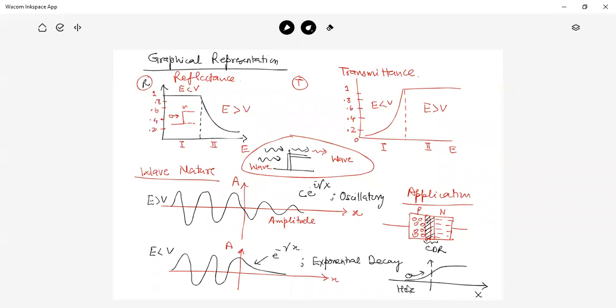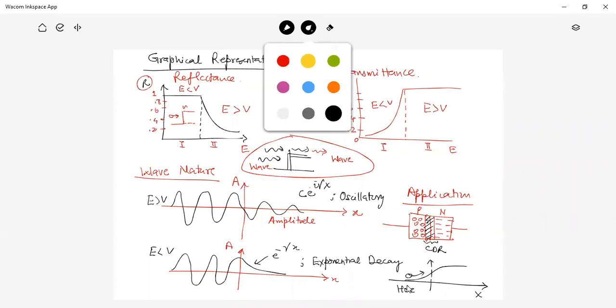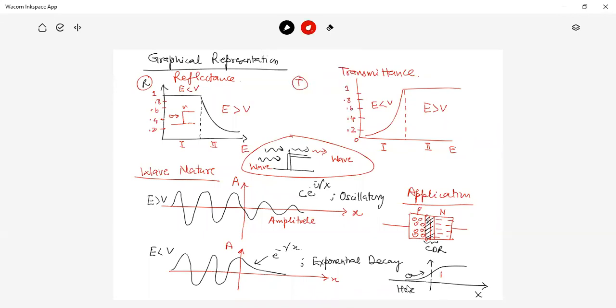If the energy is less, then there is a chance to find it outside of this barrier, and it is due to diffusion. We can have the same idea for the electron as well.